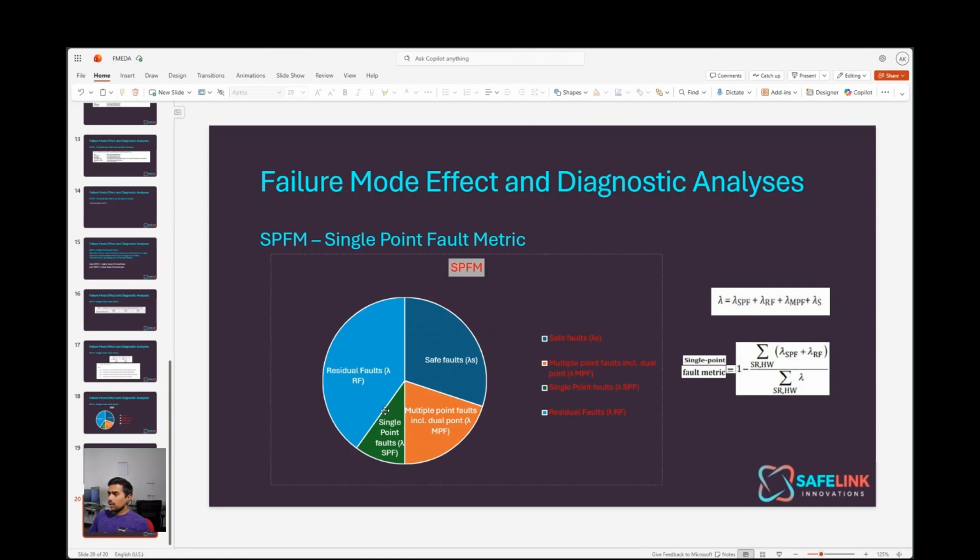In this particular example, you'll see that this numerator term is going to be very high because you have a lot of residual faults and there is still a sizable section of single point faults. Almost you could say that this residual fault plus single point fault is about 50%.